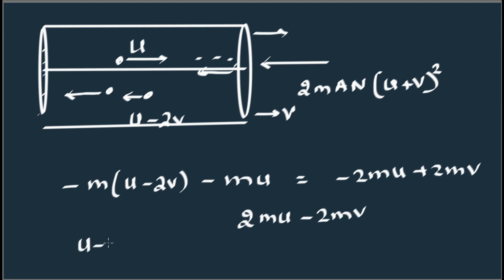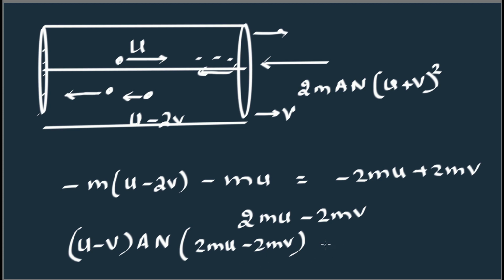So length is u minus v times the area A times n, the number of molecules moving to the right which collide with the disk, and each one delivers a momentum 2mu minus 2mv to the disk. So the total momentum delivered per second is 2m a n (u minus v) the whole square.